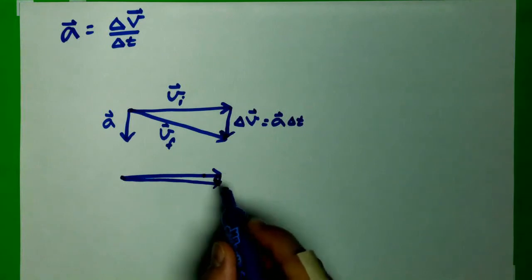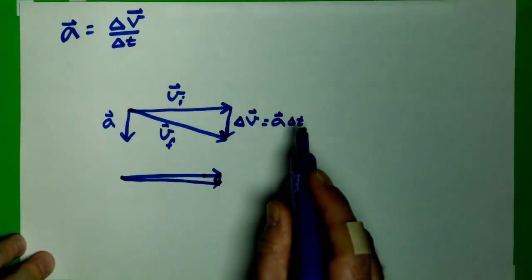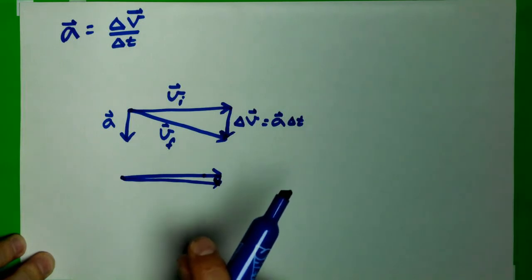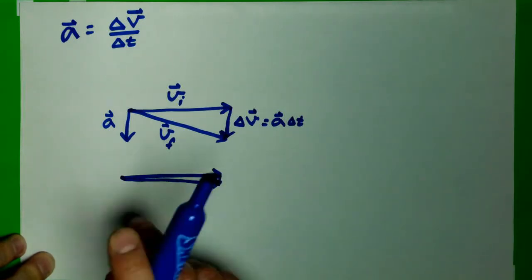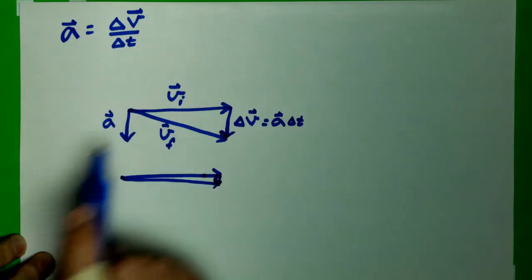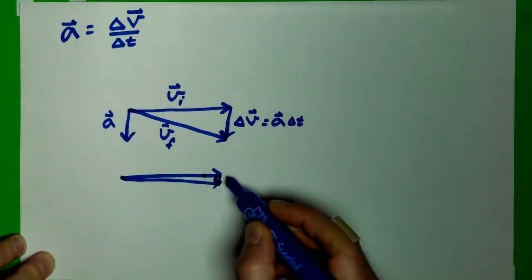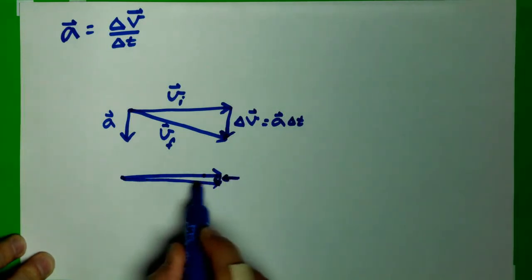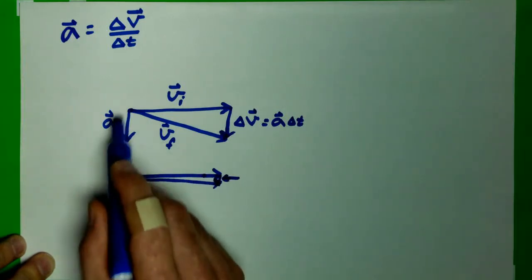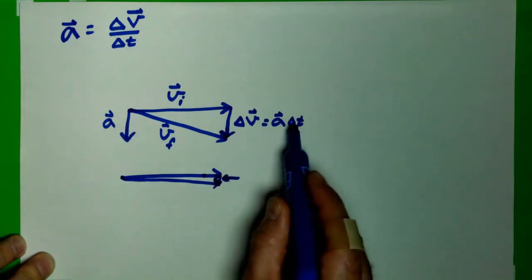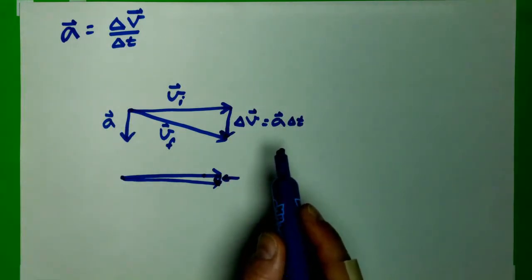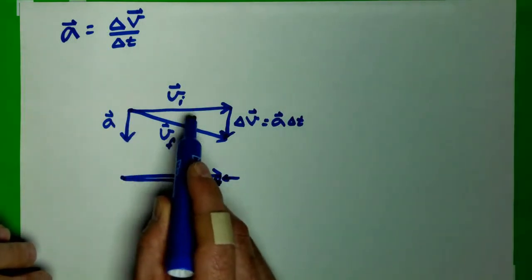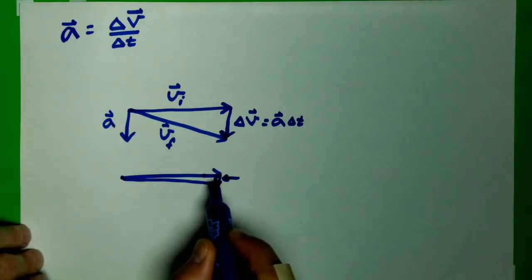If I go further and say let's go even smaller time, a very, very small amount of time, just at one moment in time the acceleration is perpendicular to the velocity, then this side right here gets super small, such that these are pretty much the same vector, and so they are parallel. So no matter how big this acceleration is, because the time period is so small, I'm focusing at just one moment, this perpendicular acceleration caused only a slight change in direction.